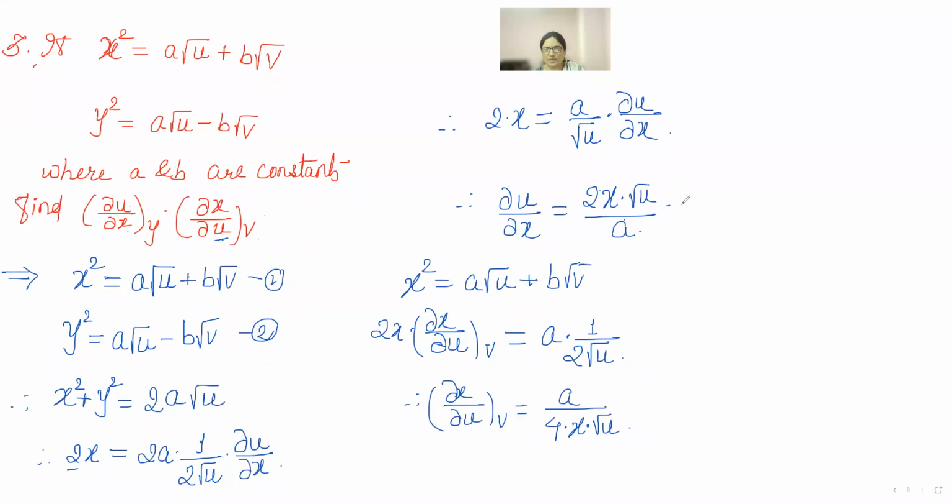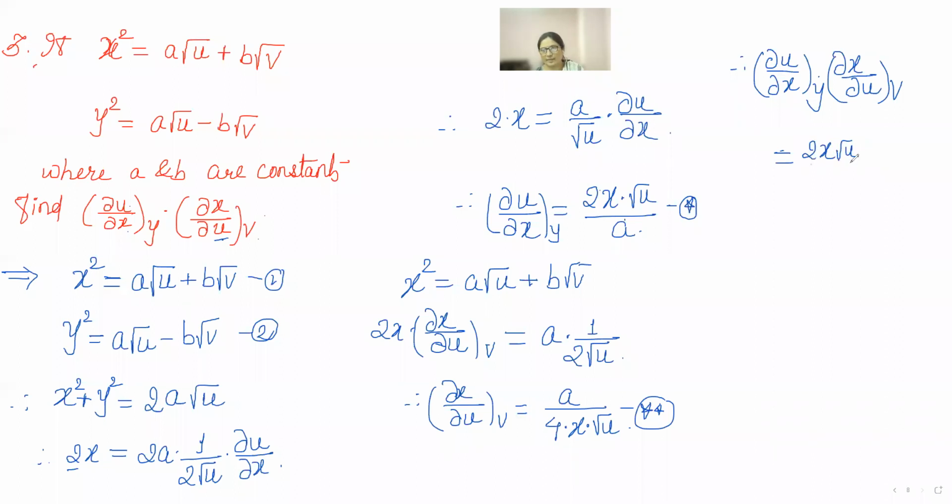Now taking multiplication of, suppose here it is star and here it is double star, these two terms. Dou u by dou x keeping y constant into dou x by dou u keeping v constant is equal to the multiplication of these two terms, 2x root u divided by a into a divided by 4x into root u.